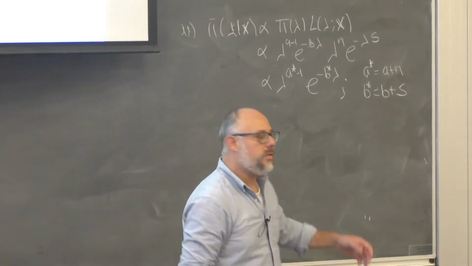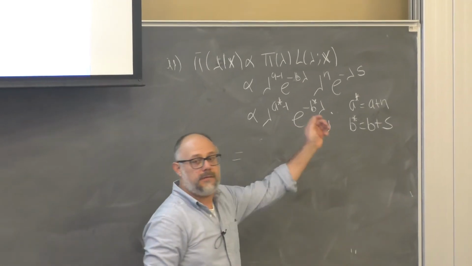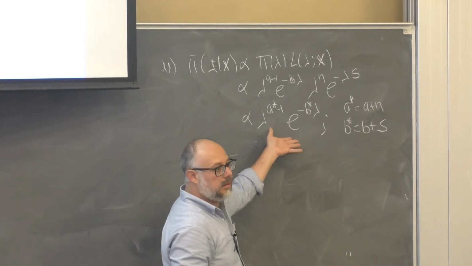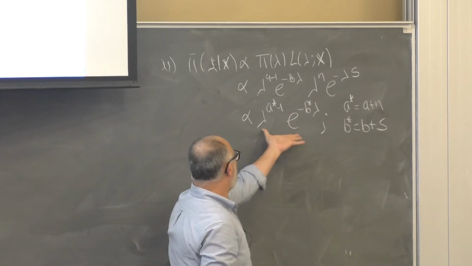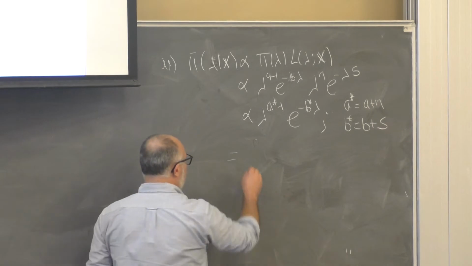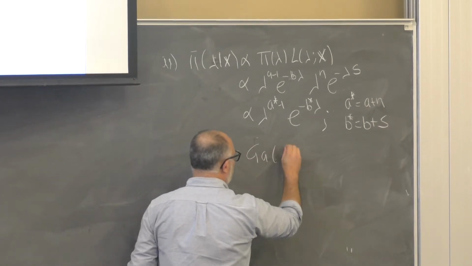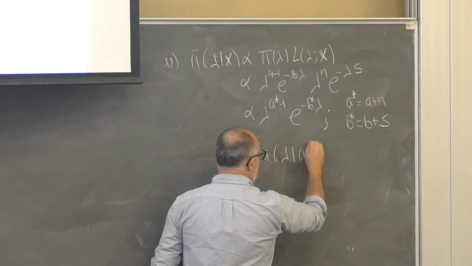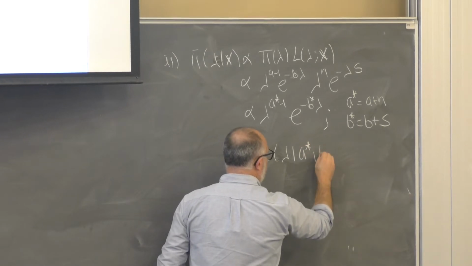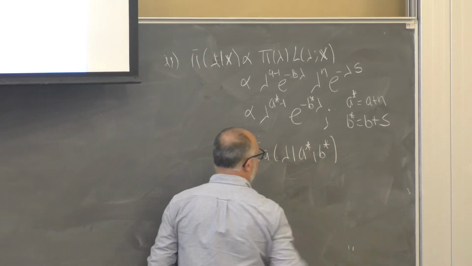And we know that this is, again, you have that in your handouts, the kernel, the most important part of the gamma distribution. So this has to be a gamma distribution in lambda with parameters a star and b star.